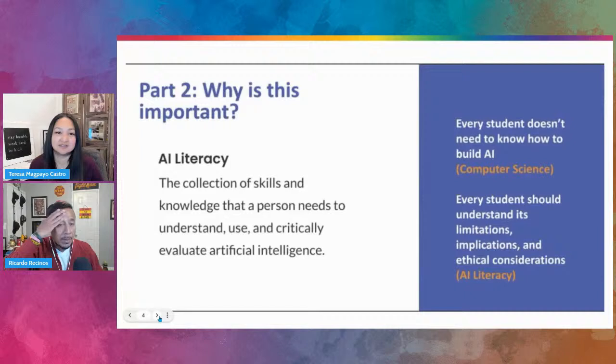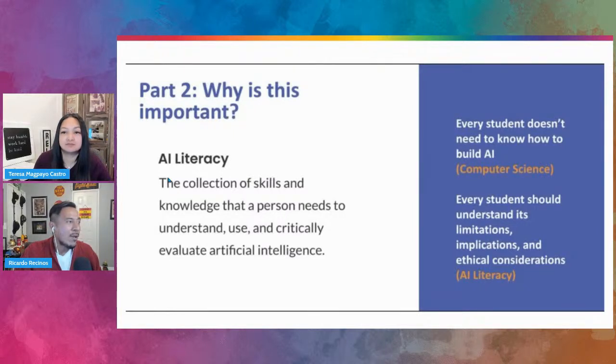As I think about literacy in the age of AI, I think we have to rethink literacy. It's not just about writing and reading anymore, but also we need to understand the impact that AI has on society, specifically in our schools. So when we talk about literacy, it's very important that we also include AI literacy with our students, because these are tools that they're going to have in their world, in their future.